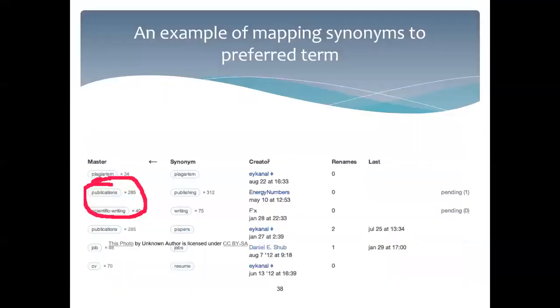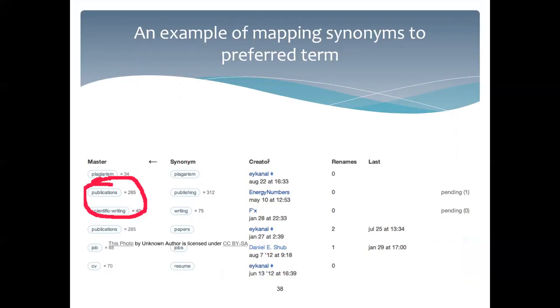So here's an example of mapping synonyms to a preferred term. And different systems do different things. More web-based systems do this kind of thing where you have a term and we have publications. We see that publications is used 285 times.